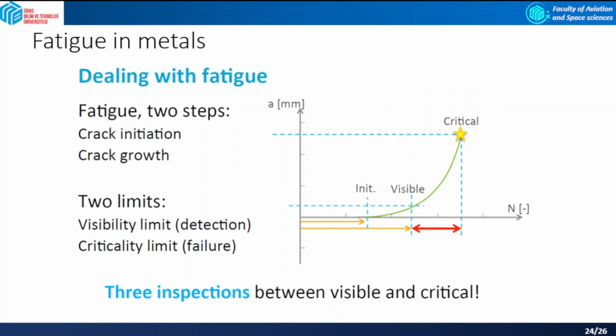Fatigue in metals often manifests as visible cracks in the sheets, typically originating at stress concentrations. Those points are like notches or rivet holes.